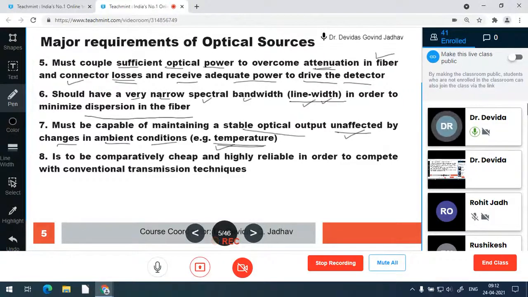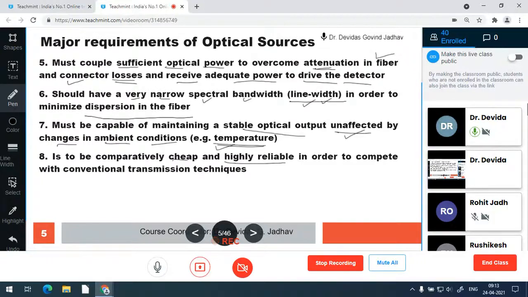Cost as well as reliability should be beneficial towards the system. So it should be comparatively cheap and highly reliable. These are the requirements for all components and all systems, whether electrical circuit or optical circuit.